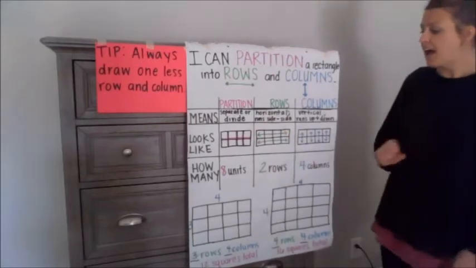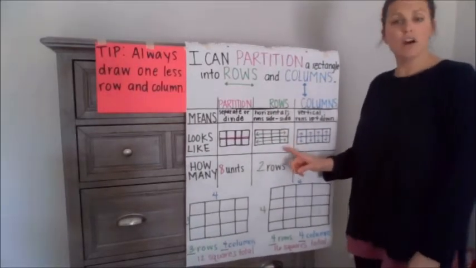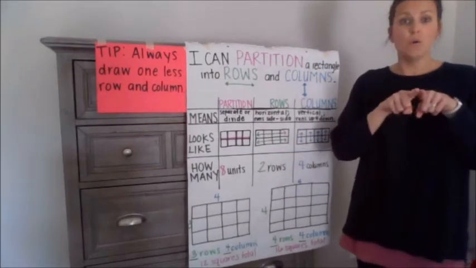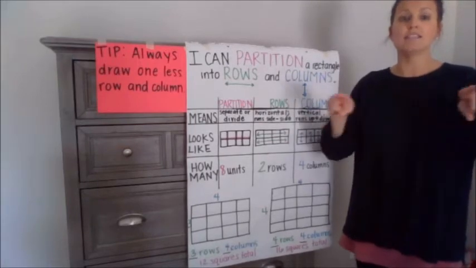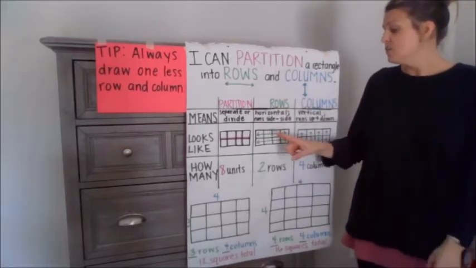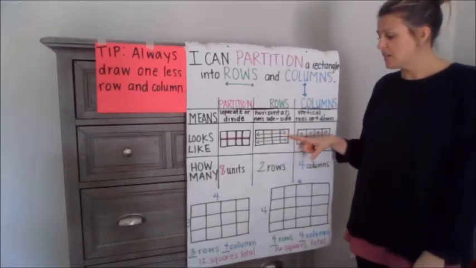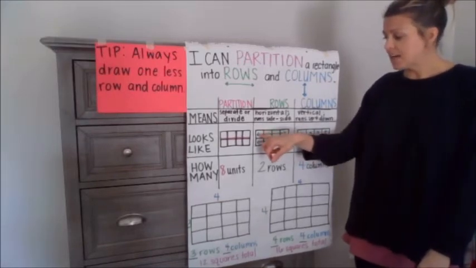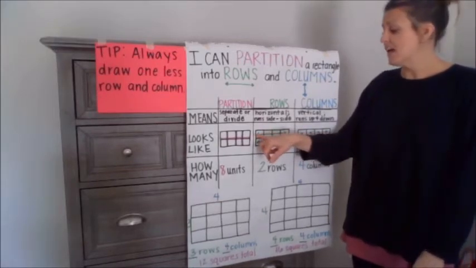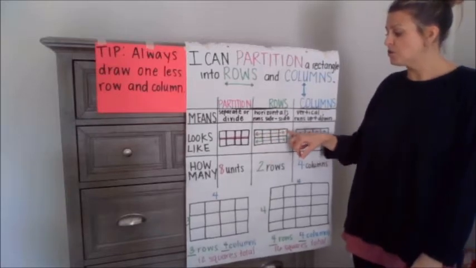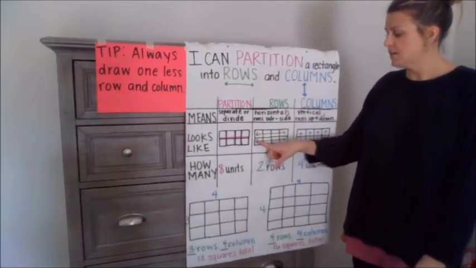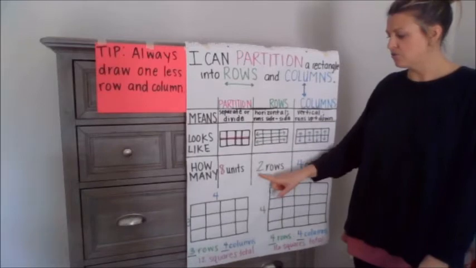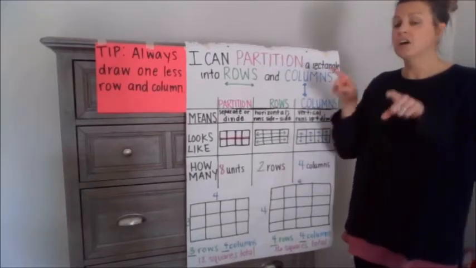Now let's look at how I partitioned my rows. Remember, rows run side to side. I have my green rows here, and this rectangle I partitioned into 2 rows. Here's my first row and my second row. So 2 total rows.